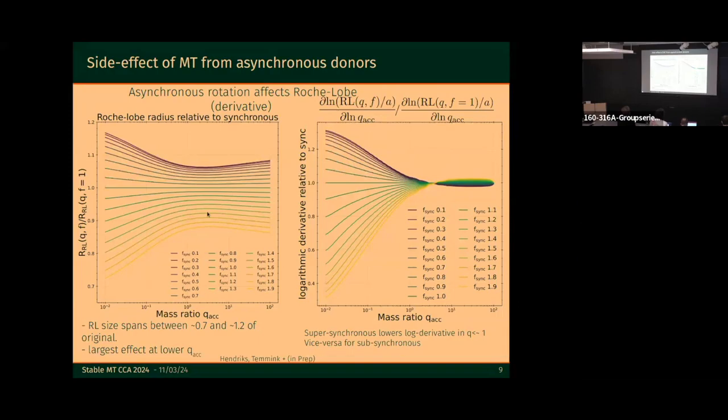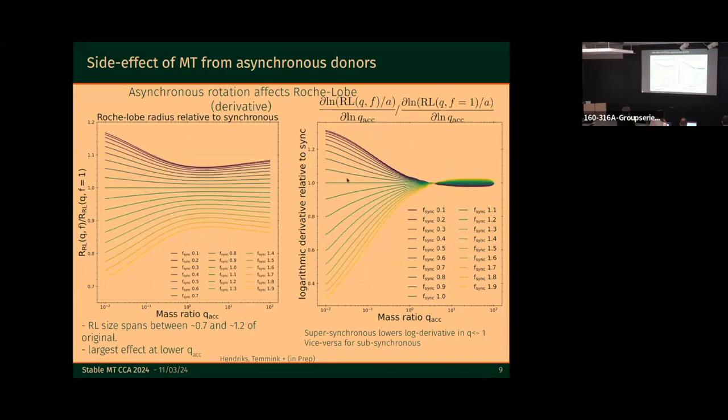Everything supersynchronous makes the Roche lobe size smaller than synchronous. Everything subsynchronous makes it larger. There's a span of a factor of 0.7 to 1.2. That's the extent of how much the Roche lobe changes compared to the synchronous situation.